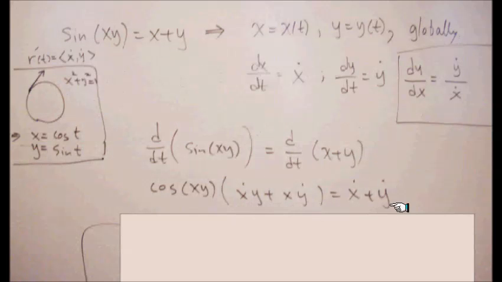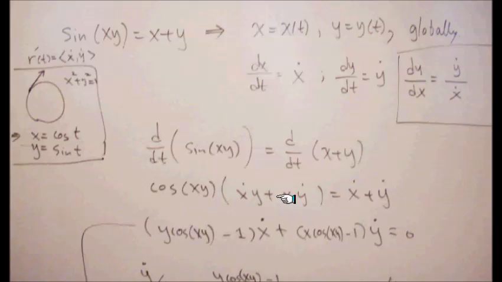I won't repeat the product rule and chain rule details, but when you differentiate x times y, this time the product rule goes like this. This x dot is not going to be 1 because we're differentiating with respect to t. So this is what we have. On the right-hand side, again since we're differentiating with respect to t, we're going to have x dot plus y dot.